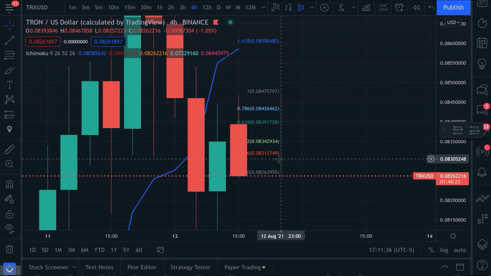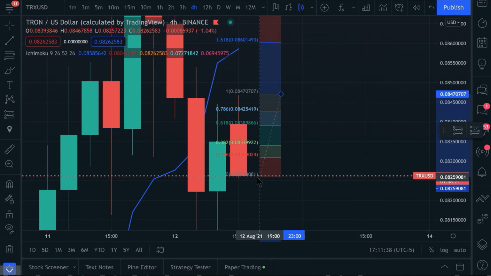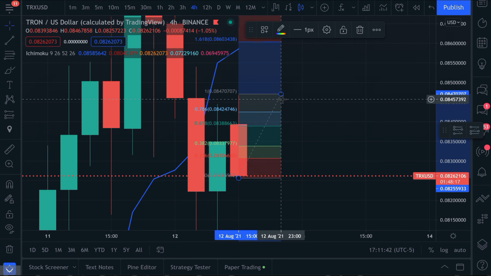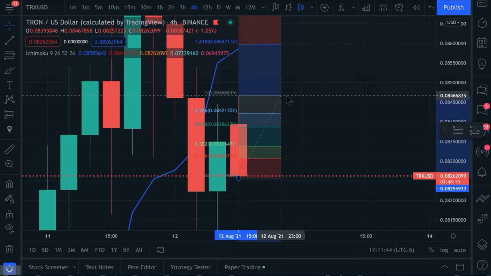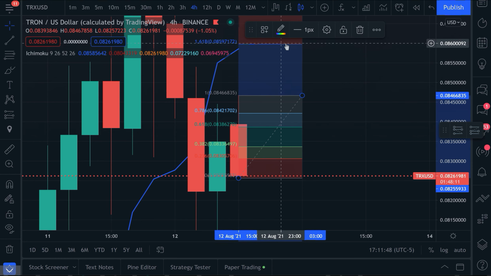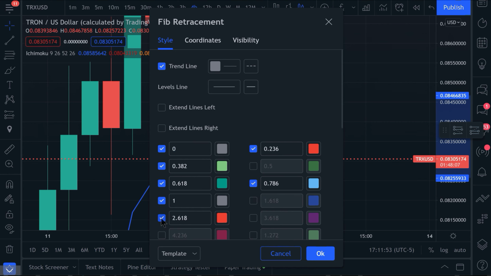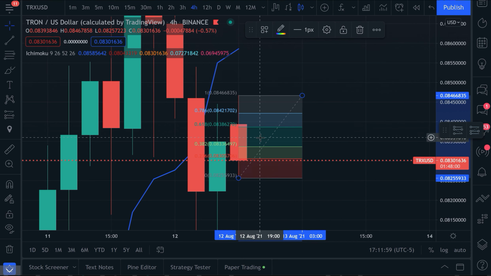I will take the Fibonacci retracement tool and I will size the candle from wick to wick. If you have more indicators, you can get rid of the 1.6, 2.6, and also the 0.5 because I don't want the dead zone to be present here.